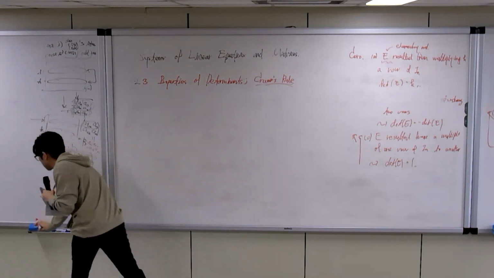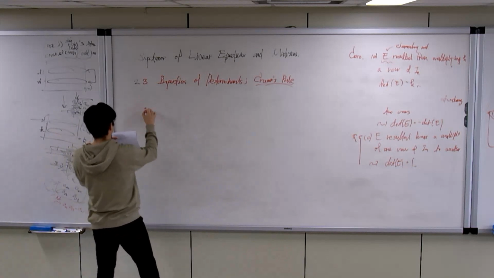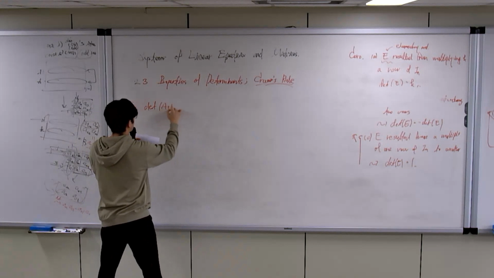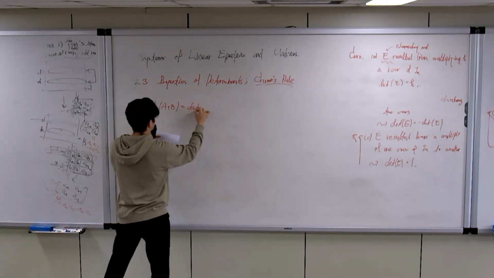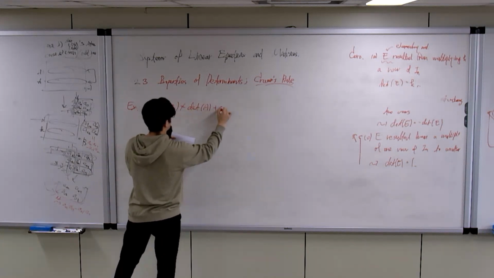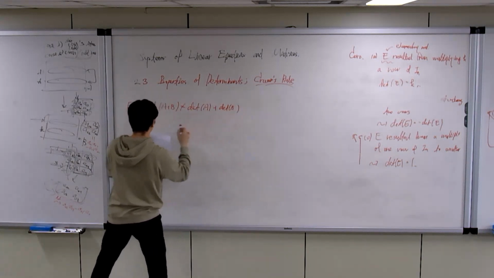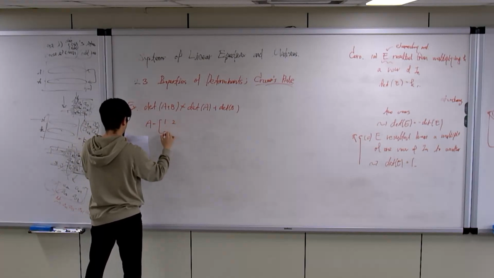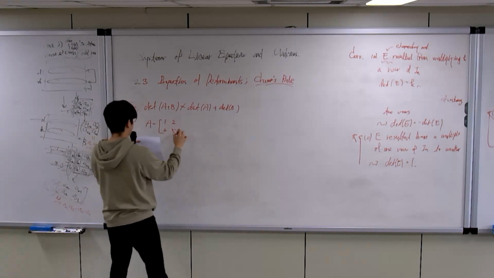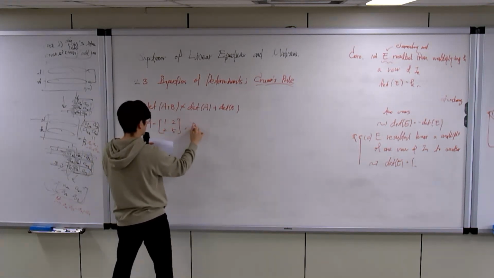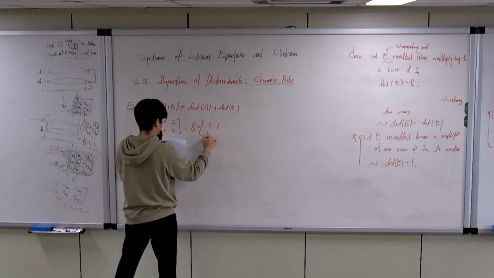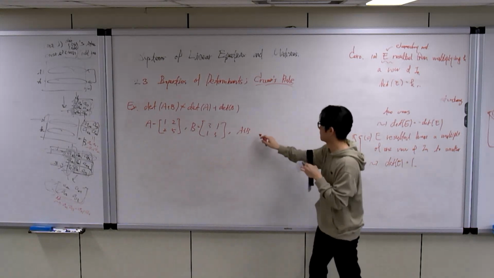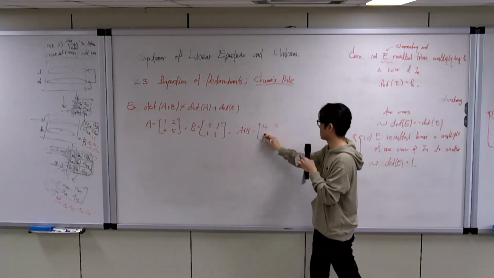The determinant does not preserve addition. As an example, if you choose two matrices, A is 1, 2, 2, 5, and B is 3, 1, 1, 3, then A plus B is 4, 3, 3, 8.